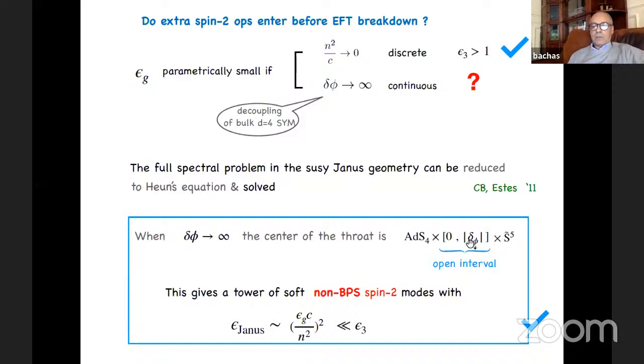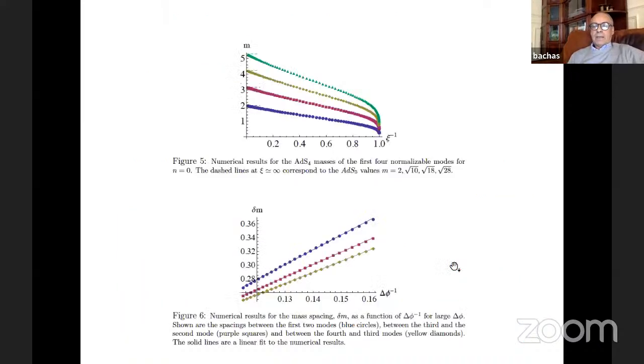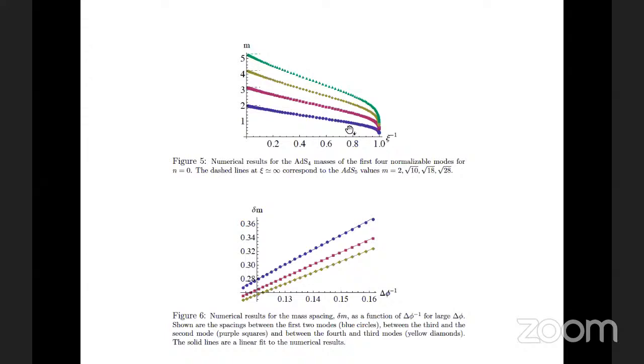Again, it's a very under control geometry. You can calculate the tower of non-BPS spin 2 modes, and those have anomalous dimensions or masses which condense when delta phi goes to infinity. So here is a numerical plot of them.